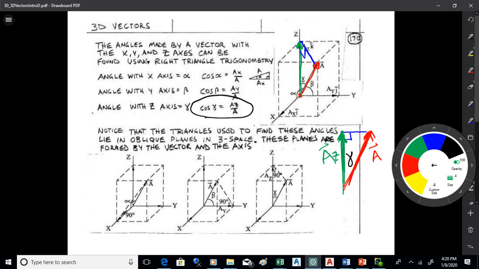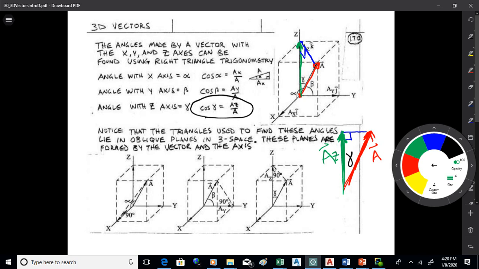It's just that with these sketches, it's going to be really tough to illustrate that as well as I'd like. As I say, it's easiest to see for the Z, but with the x-axis, you call the angle that the vector makes with the x-axis alpha. That would be the x component and the yz plane. The angle with the y-axis would be beta.